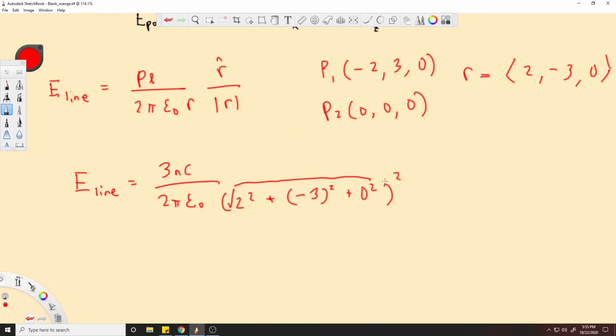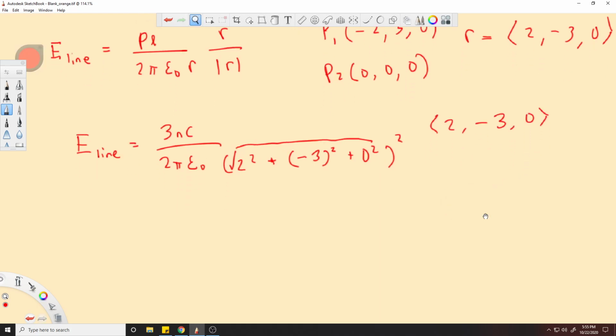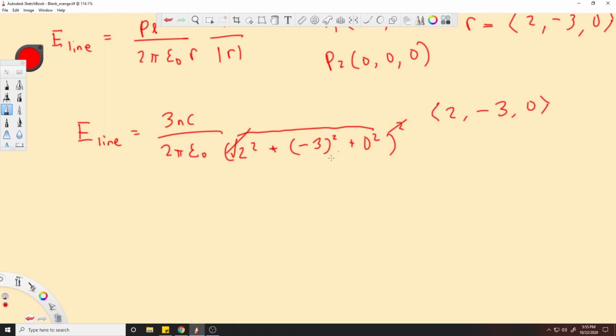And then that's squared. Then we'll have this up here too. So this cancels with this, epsilon naught over. So this is going to be a 4, this will be a 4, this will be a 9, and then you'll have your vector over here.